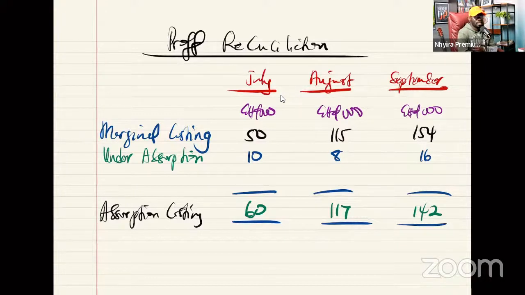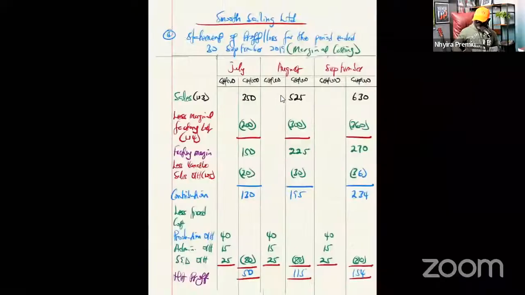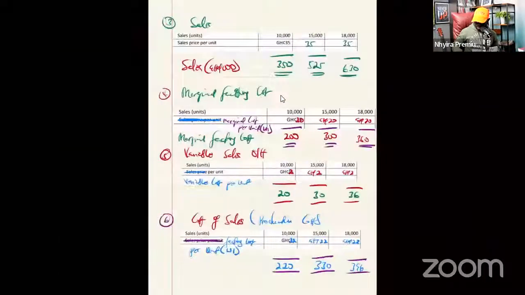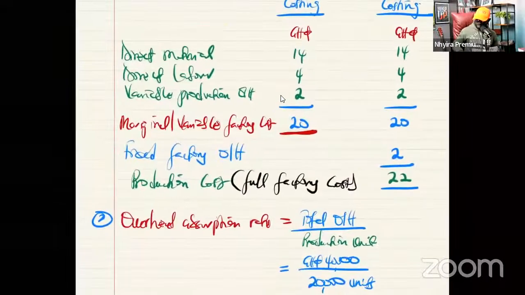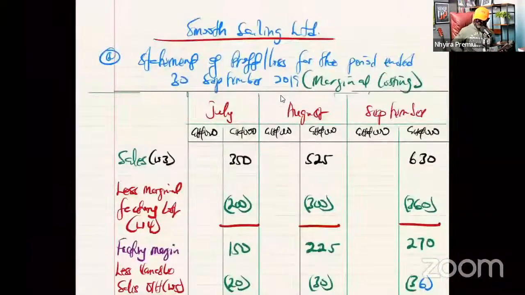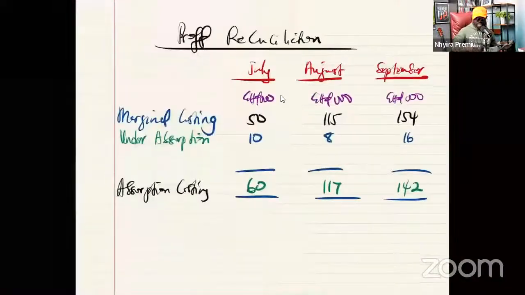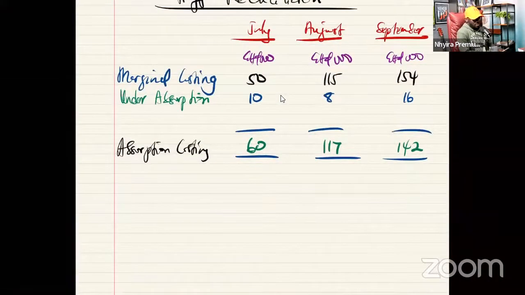The second has to do with the valuation of the inventories. So if you look at it, under marginal costing, we are valuing inventory from Workings 1 at 20. But in the absorption costing, you are valuing inventory at 22. So you realize that there is an extra 2 coming in either case.